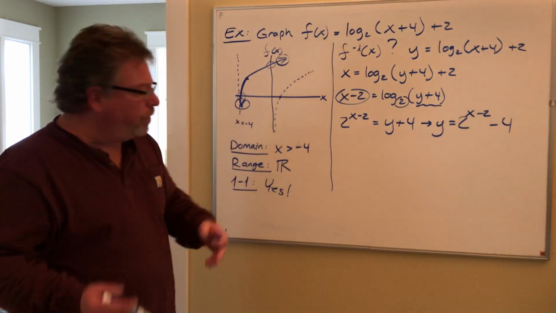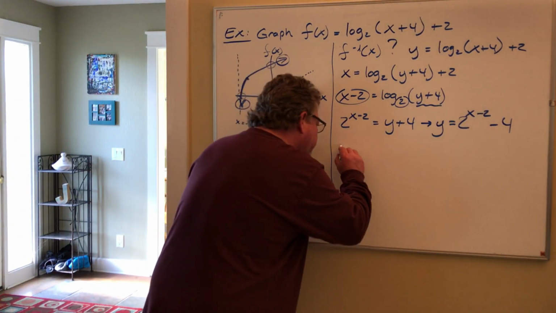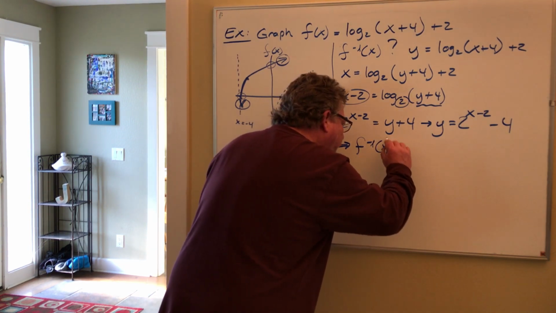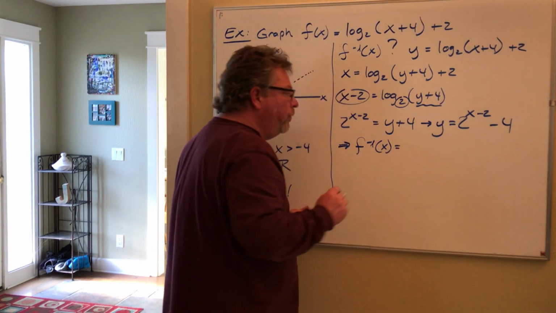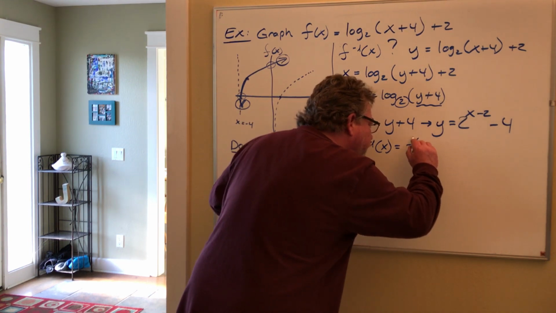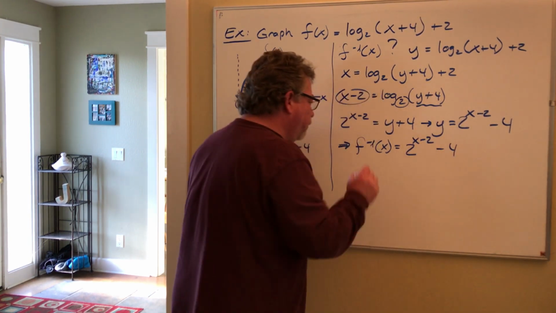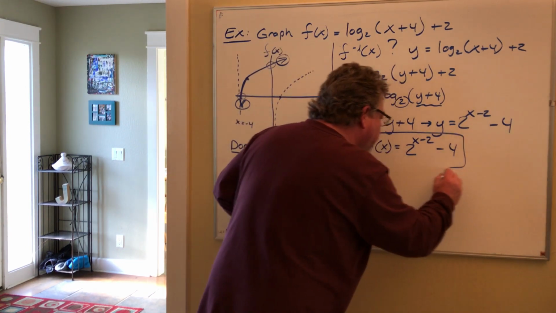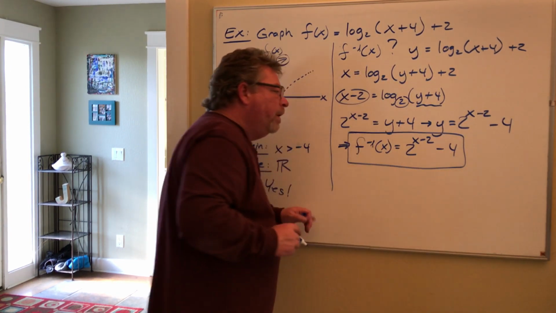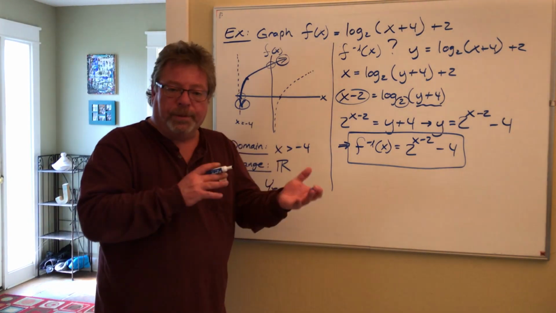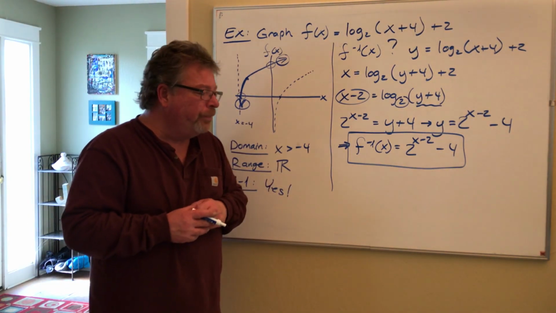So now we go to the function notation, and I'm going to argue that f inverse of x is equal to 2 to the x minus 2, subtract 4. That's my claim. Now I can prove that by doing the function composition in both orders.